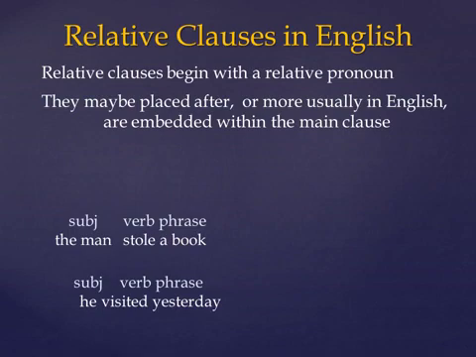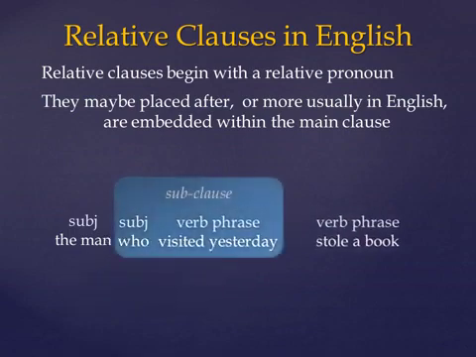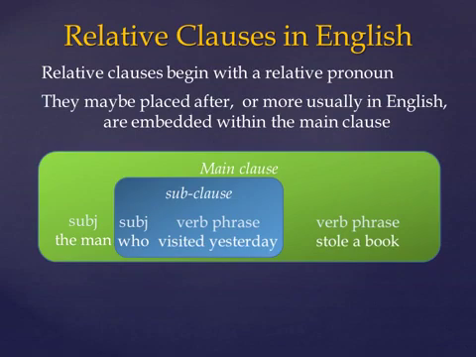So to embed the second clause, first we have to change the subject to a relative pronoun, and we will use the pronoun "who" because it refers to a person, and then position it in the sentence immediately after the thing that it modifies. And also, sometimes in English, we can add a second pronoun in the main clause to finish the sentence. This second pronoun is termed the correlative pronoun.